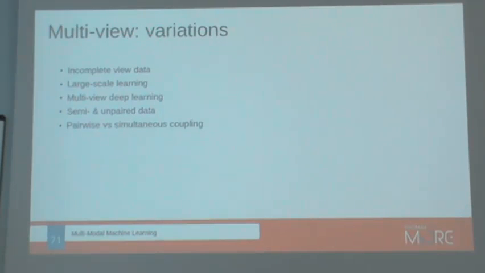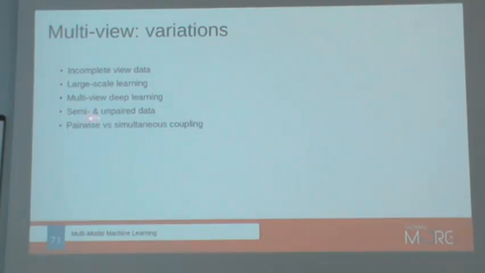You have a lot of models that work on that. Large-scale learning: if you have lots of data, if you know a bit about deep learning, deep learning is very good with that, so obviously you also have some multi-view deep learning methods. They also show nice results.